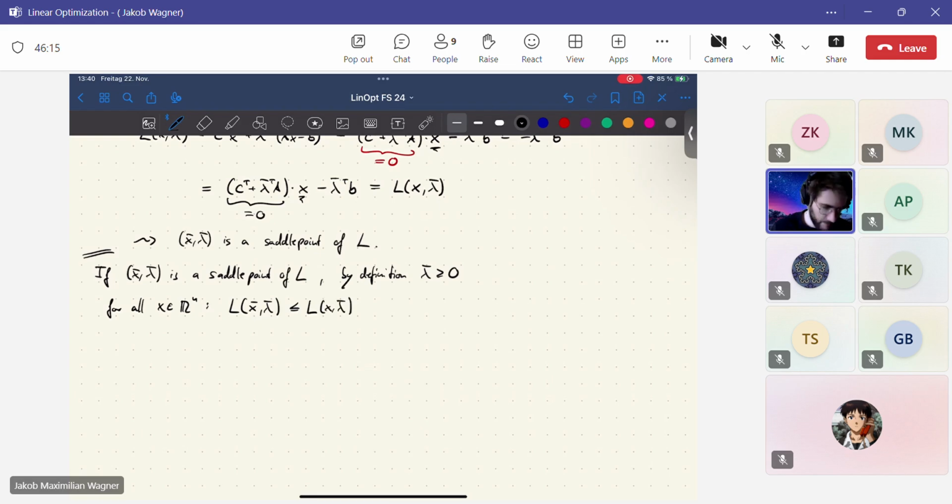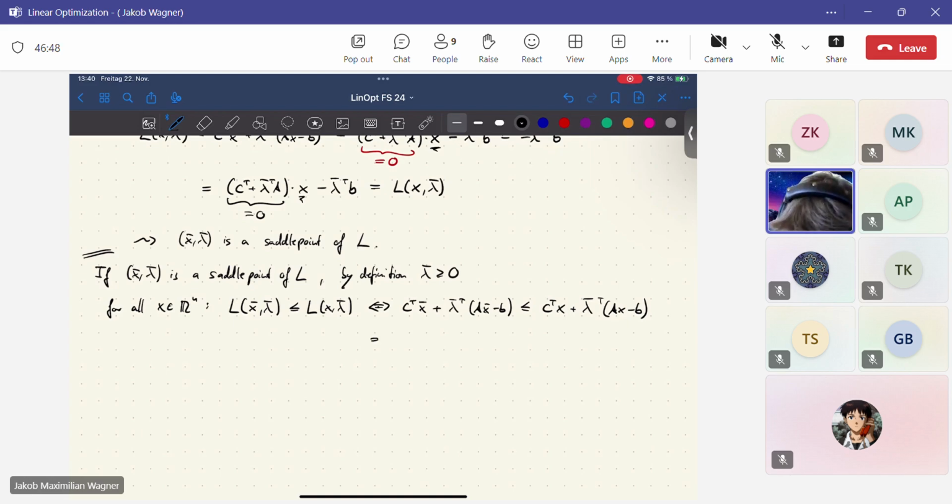which is equivalent to, if we just write it out, C transpose x bar plus lambda bar transpose (A x bar minus b) is less or equal than C transpose x plus lambda bar transpose (A x minus b). And we now want to sort everything to one side.